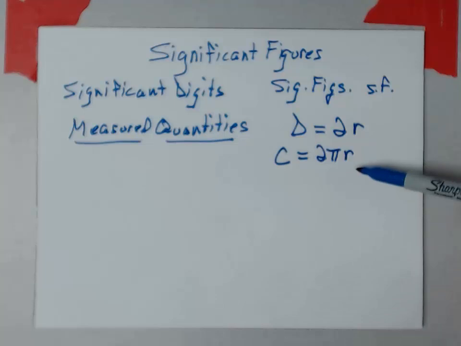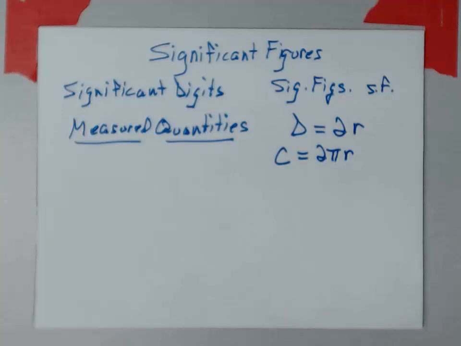In this case, the thing you'd have to worry about significant figures with would be the radius, because that's something you'd have to measure, and so you could only have so much precision on it. We have to learn how to write numbers in a way that indicates the number of significant figures that they have.